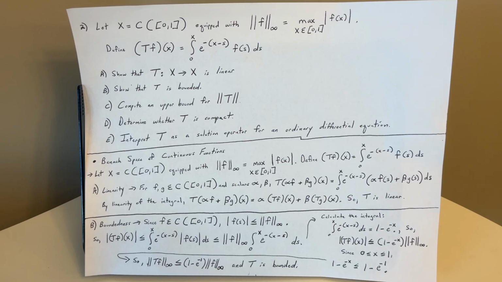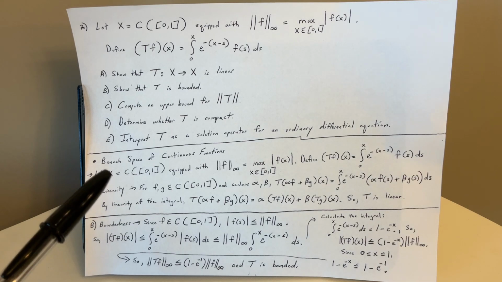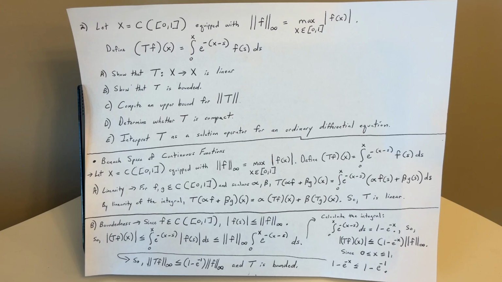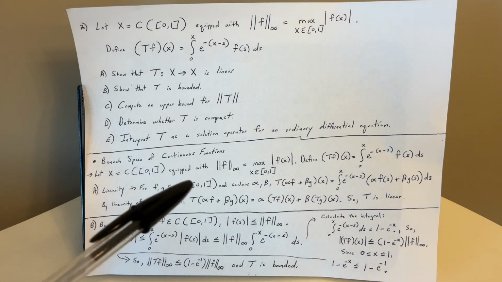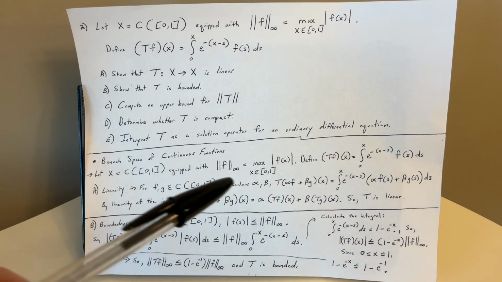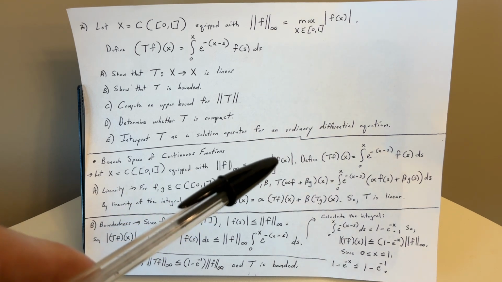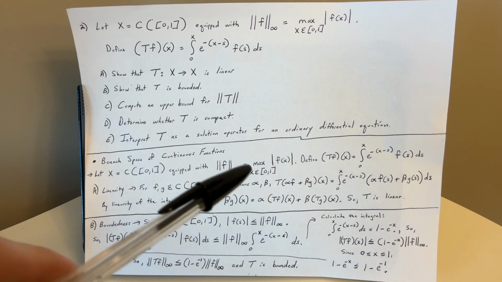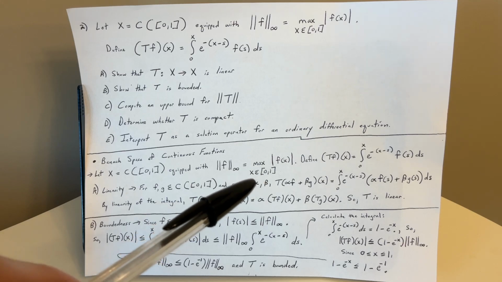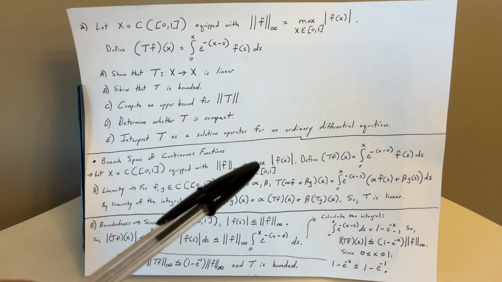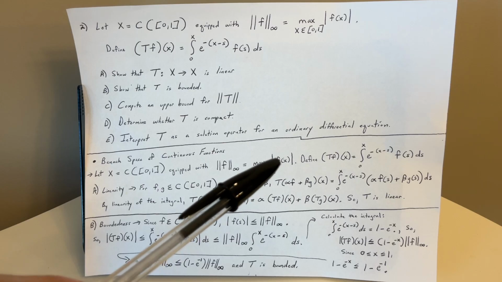This is a Banach space of continuous functions. So we let X equal C of [0,1], equipped with the norm f infinity, which equals the maximum over x in the interval [0,1] of the absolute value of f of x.